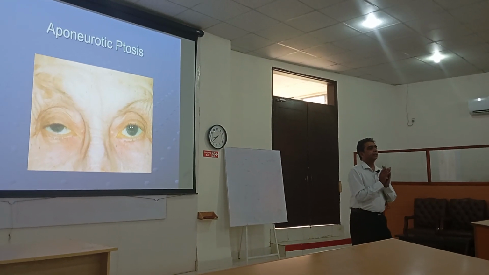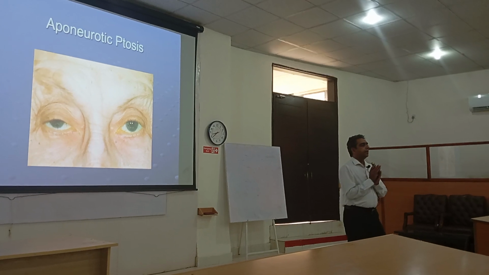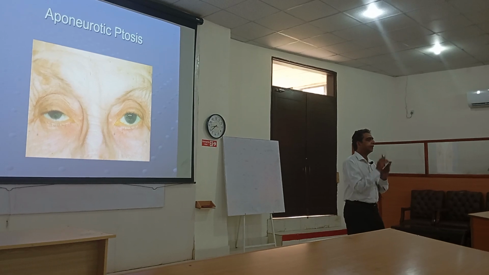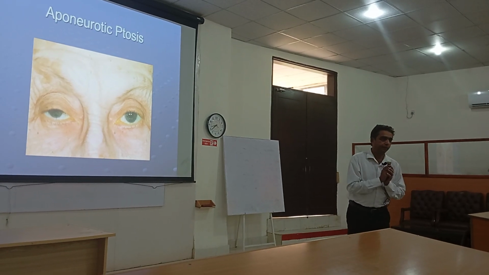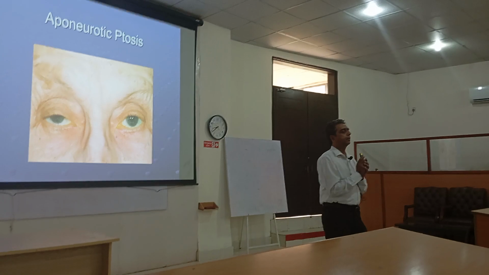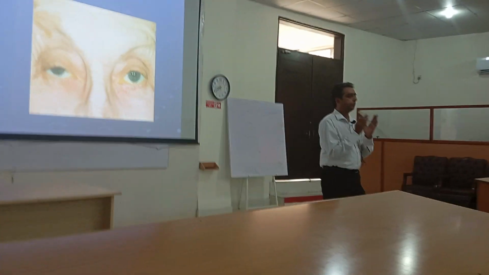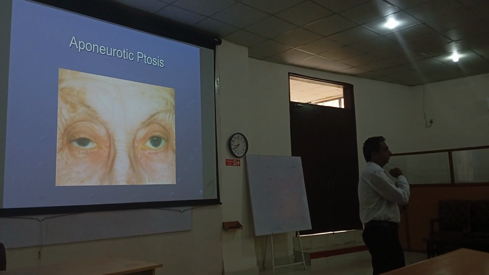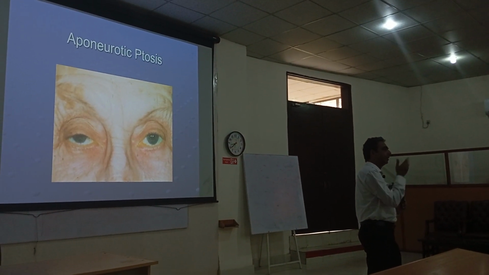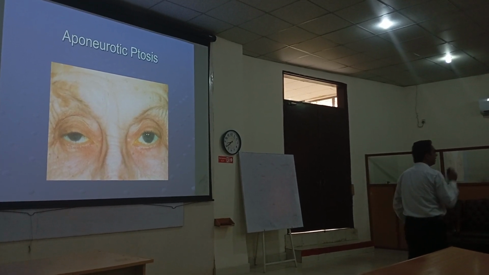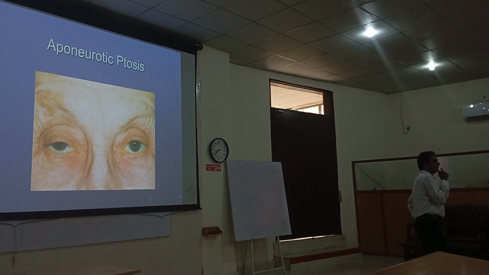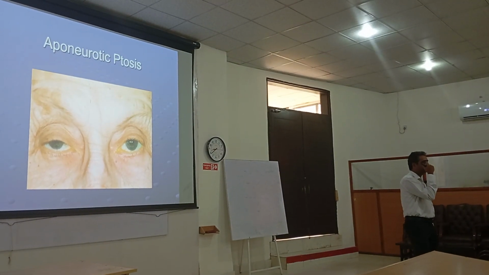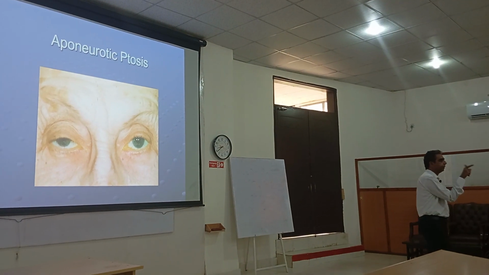Five layers, and the third layer is the muscular layer. 90% of the fibers insert on the upper and anterior part of the tarsal plate, and 10% of the fibers of the levator aponeurosis are directly inserted into the eyelid skin, the first layer, and that makes the upper eyelid crease. When we look downward, we can see a linear line which we call the upper eyelid crease.